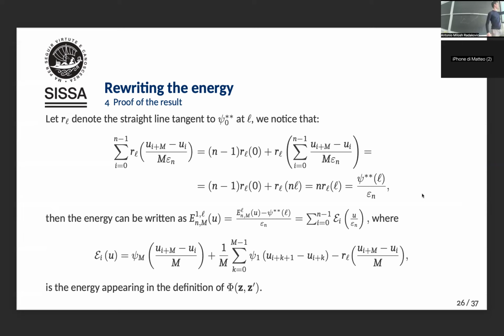This is coming from the part of psi star star of L rescaled by epsilon n. In this way, we can rewrite the energy as a sum of some energy density, this mathcal E, evaluated on the function rescaled by epsilon n. And this energy density is exactly the one appearing in the transition energy.